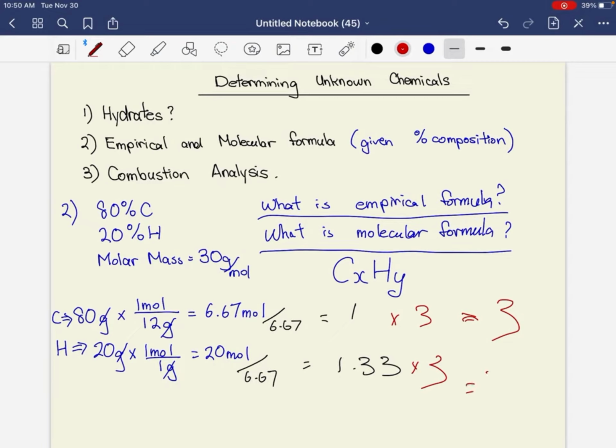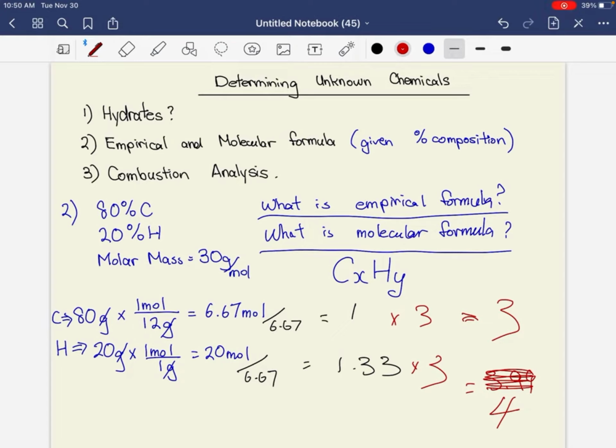Hydrogen will be 3.99. Now that is a roundable number. That's a 4. I'm pretty sure all of y'all agree with me. That's a 4. So the ratio of C and H is 3 to 4, if it is 1 and 1.33.